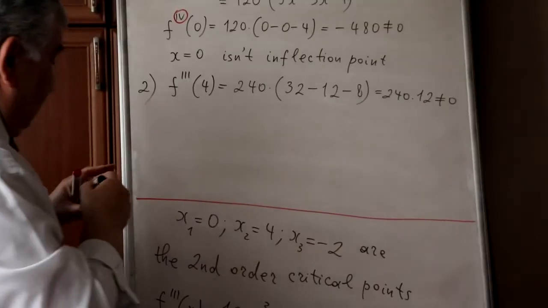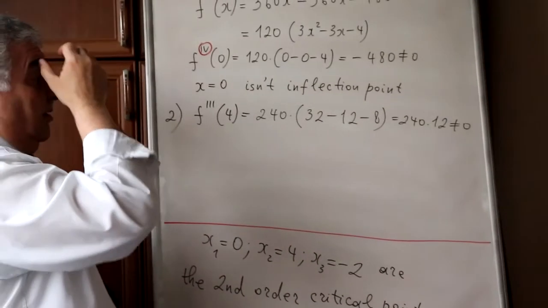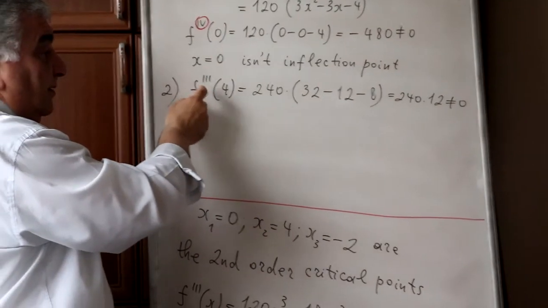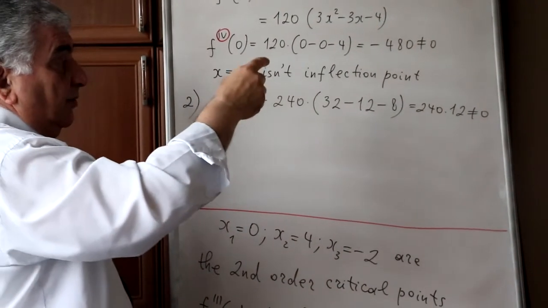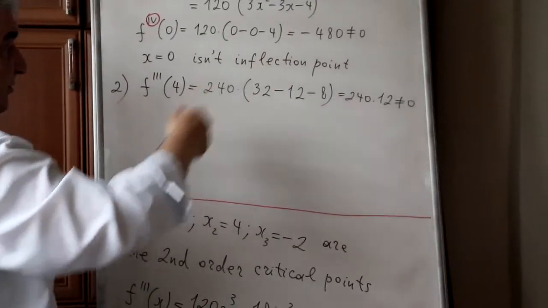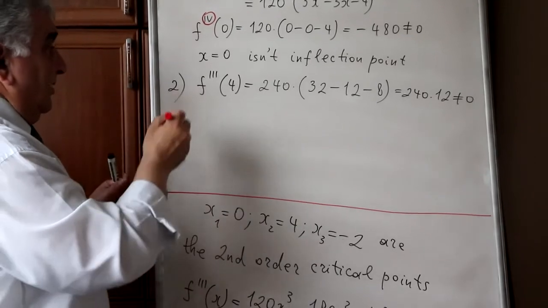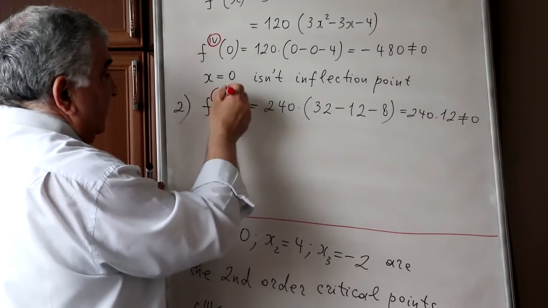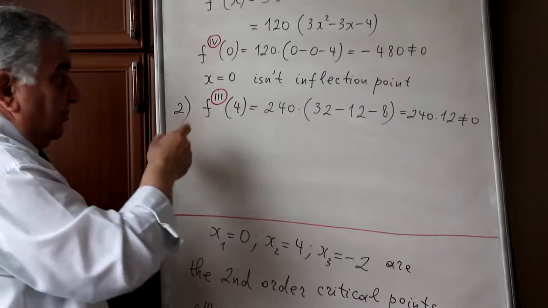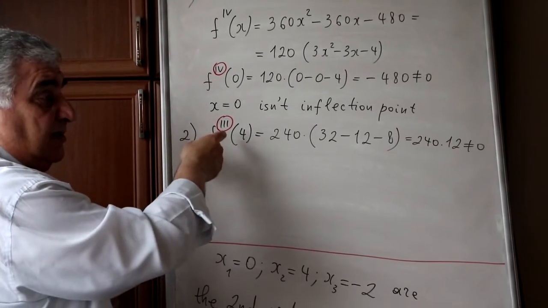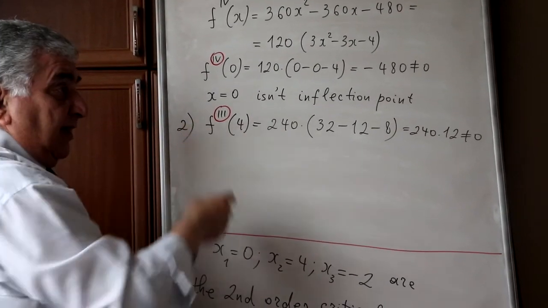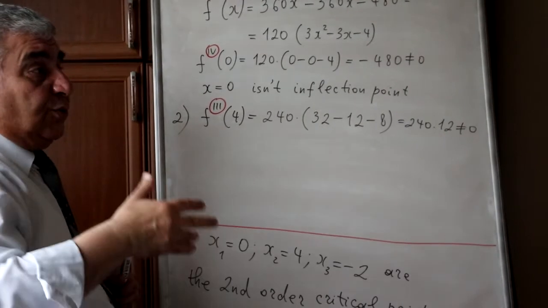Here we must stop because the third derivative already isn't equal to 0, and then look at the order of this non-zero derivative. The order is equal to 3, and 3 is an odd number.